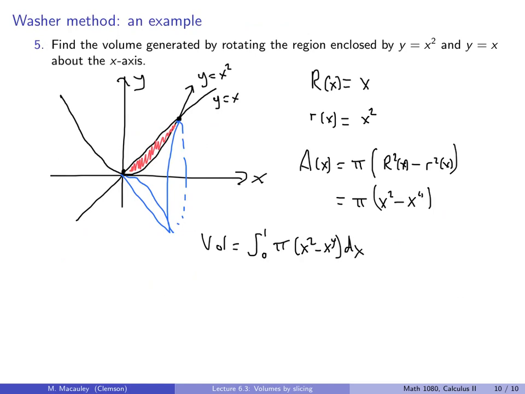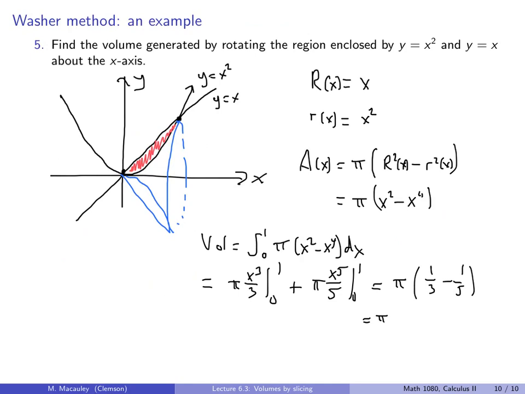So let's do this integral because it's short. This is pi x cubed over 3 from 0 to 1 minus pi x to the fifth over 5 from 0 to 1. This is pi times 1/3 minus 1/5.